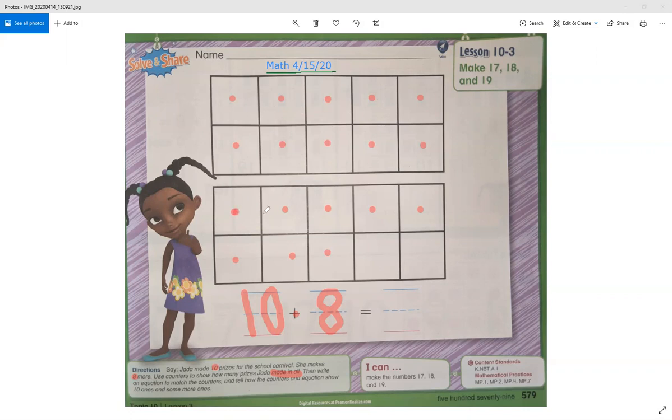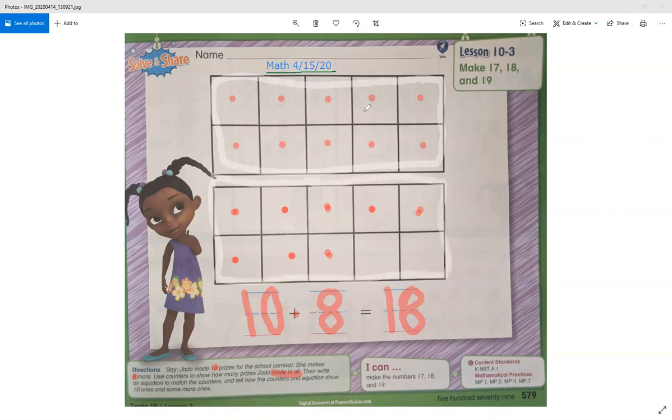10, 11, 12, 13, 14, 15, 16, 17, 18, right? And we know it's 18 because we counted all of them, and because 18 has one set of 10 in it, along with 8 ones, right? So there's the, right here, we have our first set of 10, which is a part of 18, 10 is, and then 18 has 8 more ones.